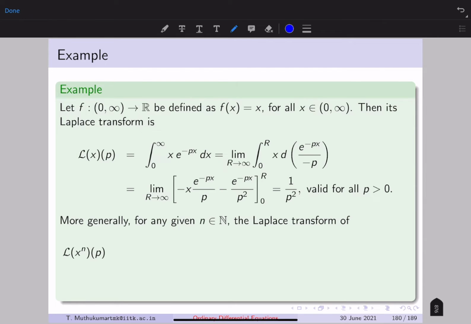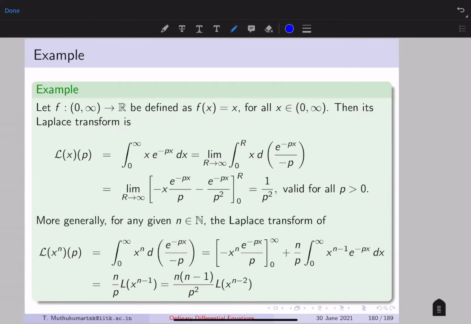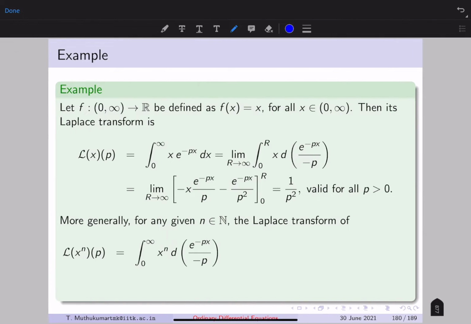More generally, for any natural number n, you do the same argument and apply the definition. So you have the integral of x power n e power minus px dx, and that's what we have here by definition.